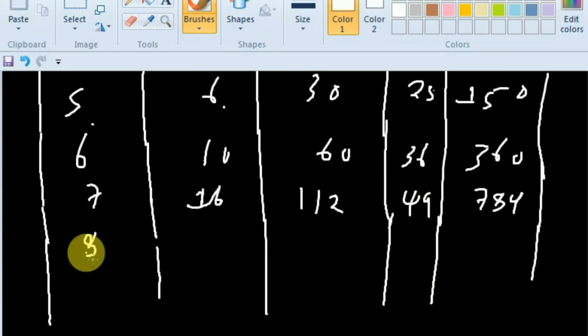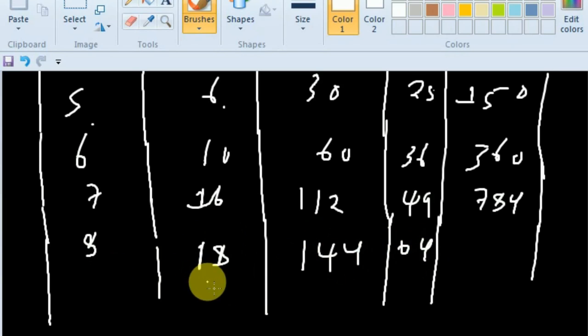The frequency of 8, I know that's 18. 8 multiplied by 18 is 144. Then to calculate x squared, 8 multiplied by 8, and the answer is 64. 64 multiplied by 18, the answer is 1152.